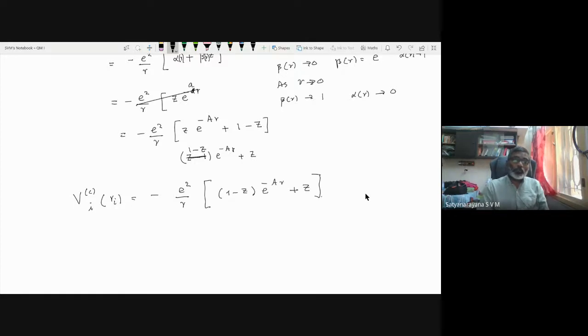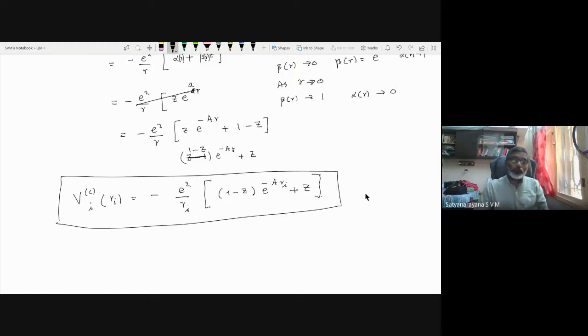So this is my model potential, of course. Here A is some constant which you can choose as a model parameter. Now notice that as r goes to infinity, e to the minus A r goes to 0. So you should have, as r goes to infinity, minus e square by r, right?